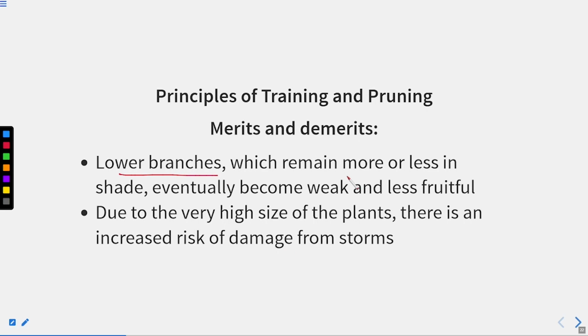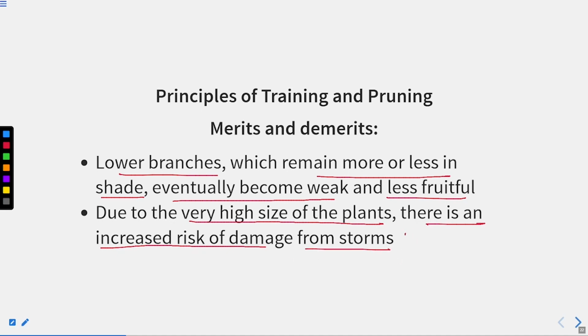Lower branches, which remain more or less in the shade, eventually become weak and less fruitful. Due to the very high size of the plant, there is an increased risk of damage from storms.